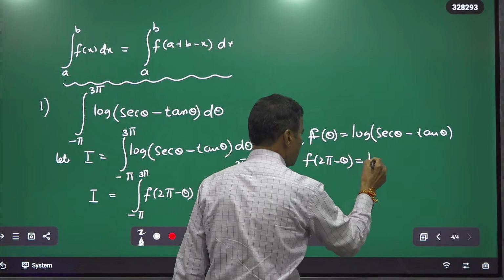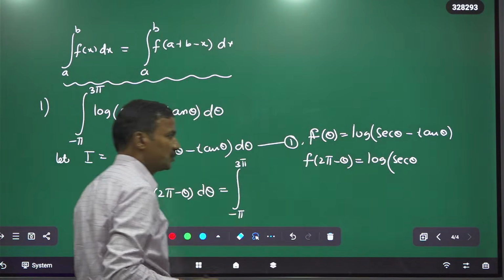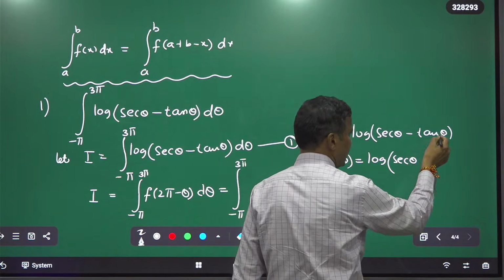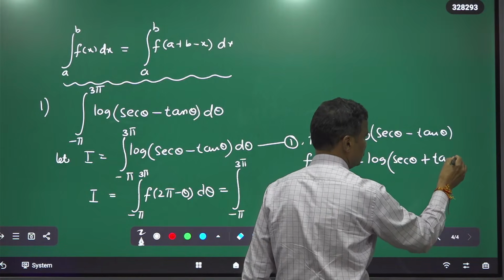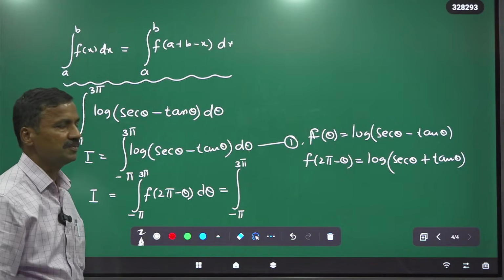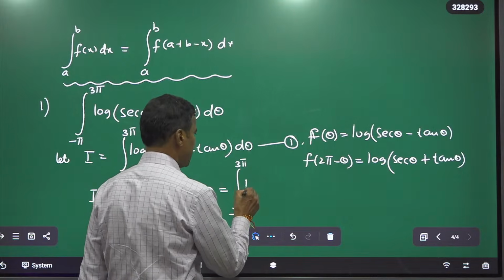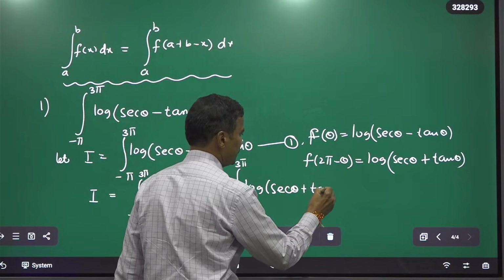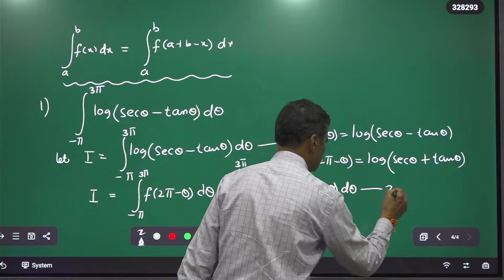It is log of secant of 2 pi minus theta, which is secant theta, in the fourth quadrant, and tan of 2 pi minus theta is minus tan theta, so it becomes plus tan theta. So it is log of secant theta plus tan theta d theta. Take this as equation 2.